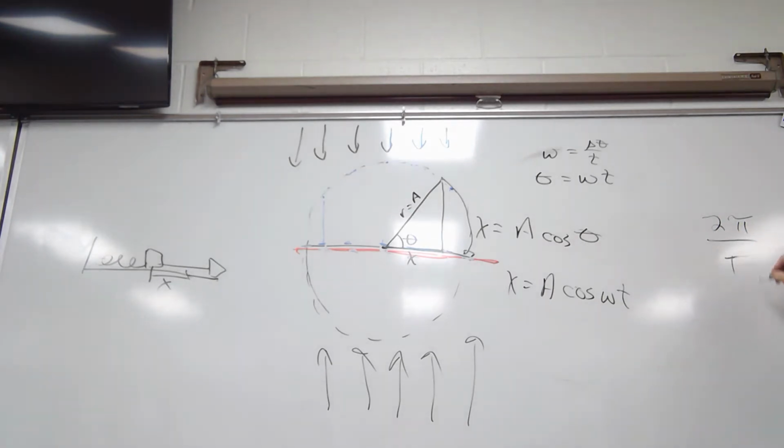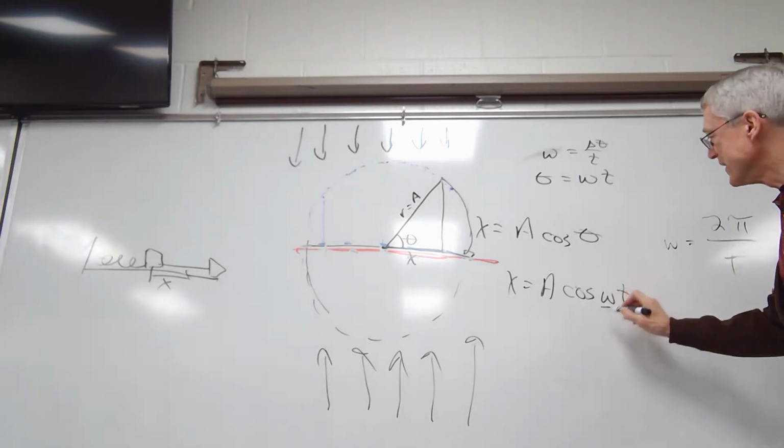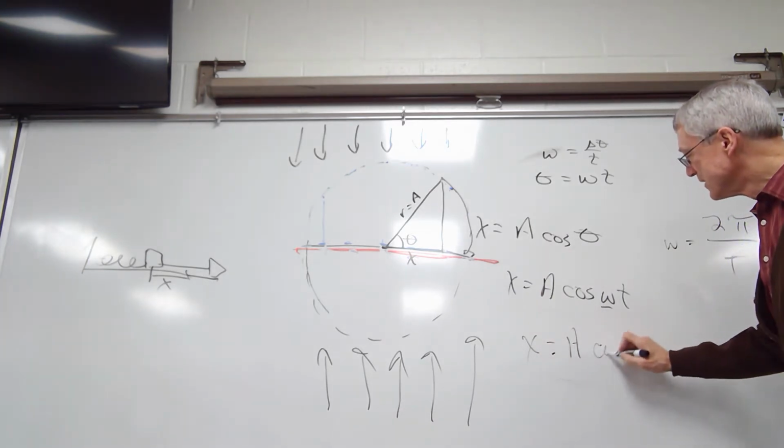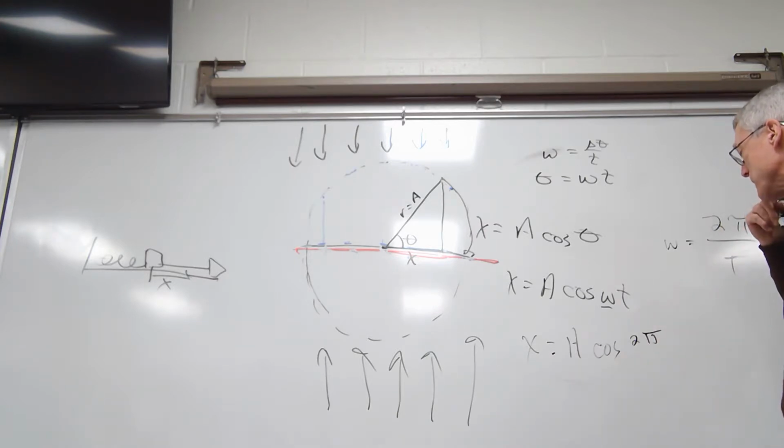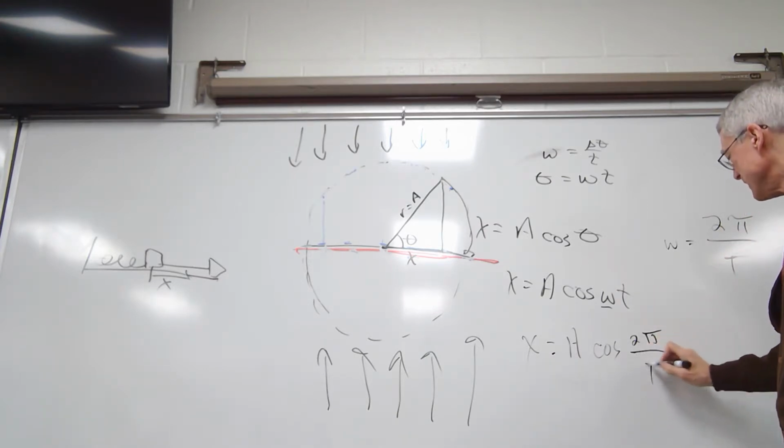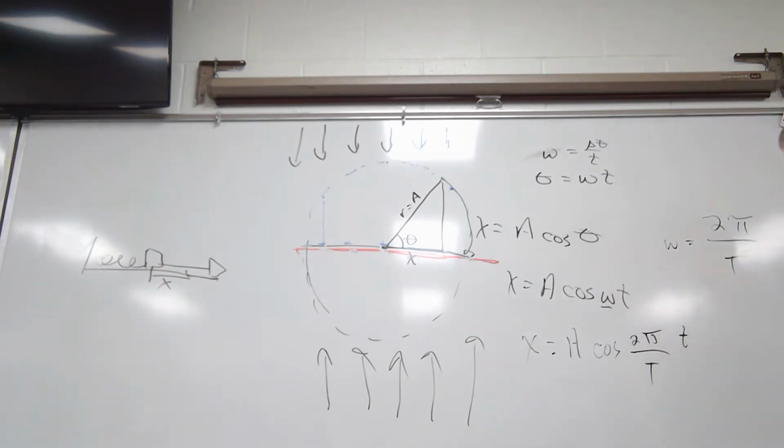If it goes all the way around, and the time to go all the way around is the period, so that would be the angular speed, 2 pi divided by the period. So I think I'd like to plug that in. I may be getting ahead of myself. Let me stop and think. If I plug that in for omega, I get 2 pi over T times t.